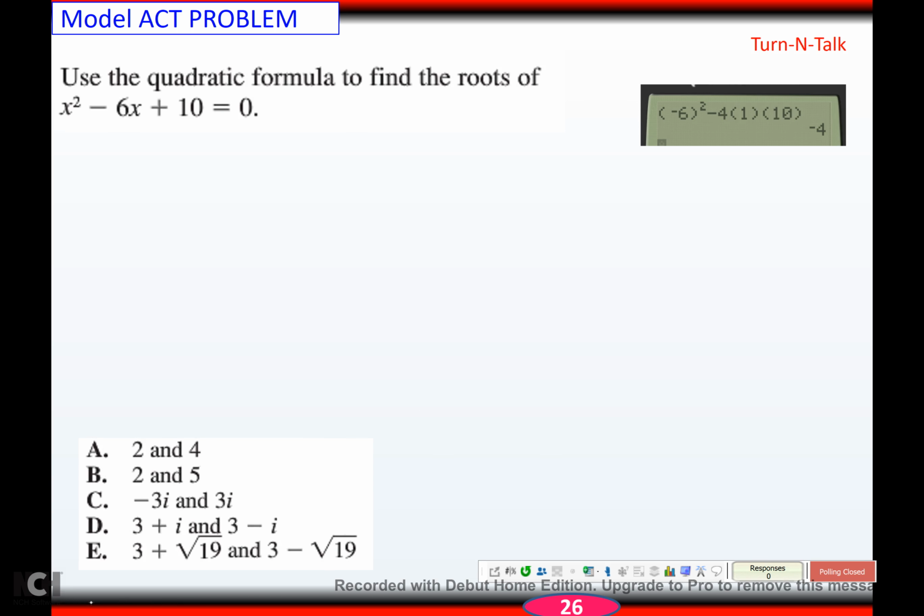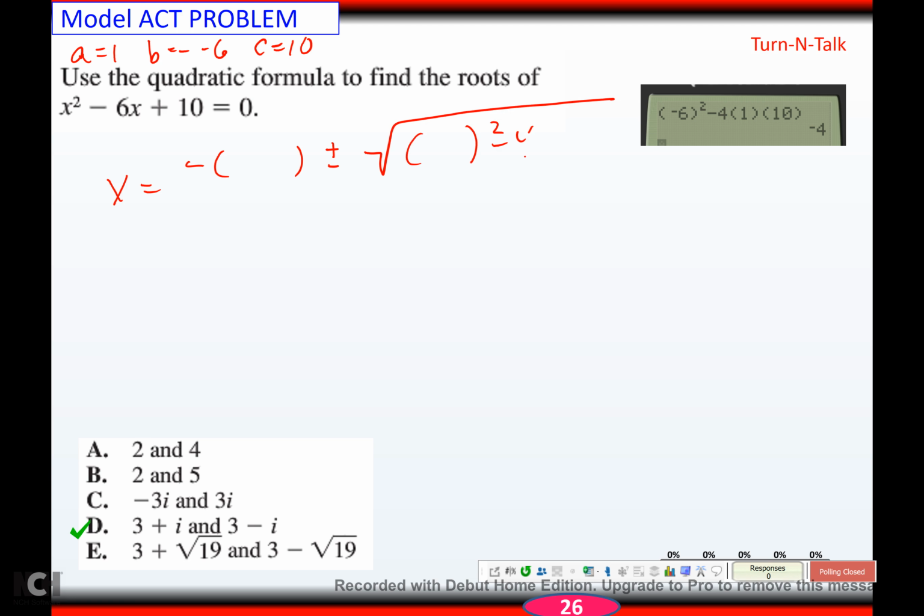Okay? Last one. Hit pause. Come back when you're ready. Alright, so it says use the quadratic formula. Well, this says A is 1, B is negative 6, and C is 10. So x equals negative b plus or minus the square root of b squared minus 4ac all over 2a.